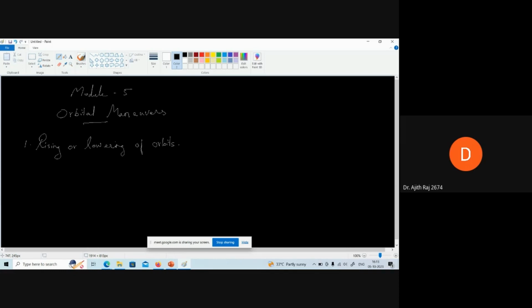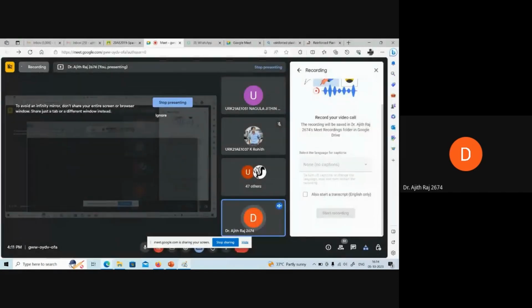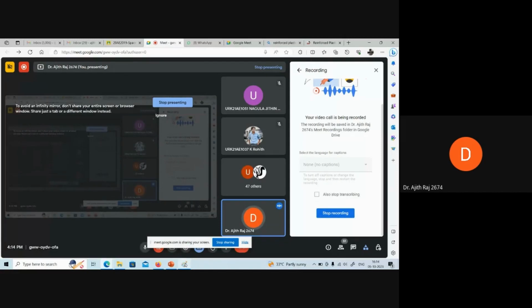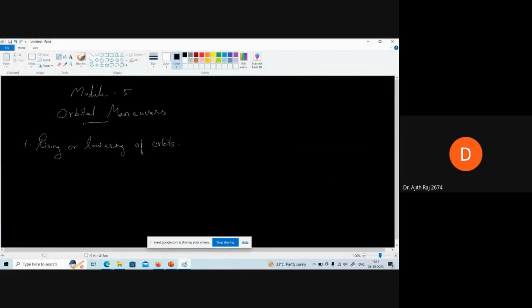So in such a situation, you may need to rise or lower the orbit. You need to optimize the altitude where you will be getting the maximum coverage. Before sending the satellite itself, you will be doing numerous studies, but still after post injection, there may be a few disturbances. So you are again changing the orbit manually.